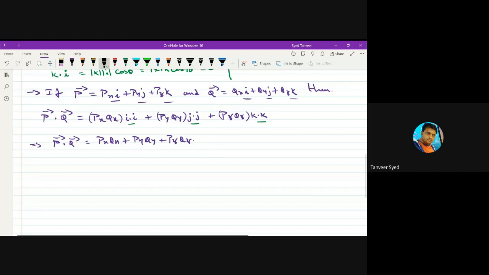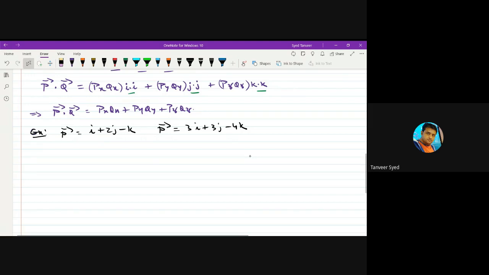Example to understand this. Vector p is i plus 2j minus k. Vector q is 3i plus 3j minus 4k. Now, p dot q is equal to multiply i with i, j with j, k with k, and I'll add them. px qx, which is 1 into 3.